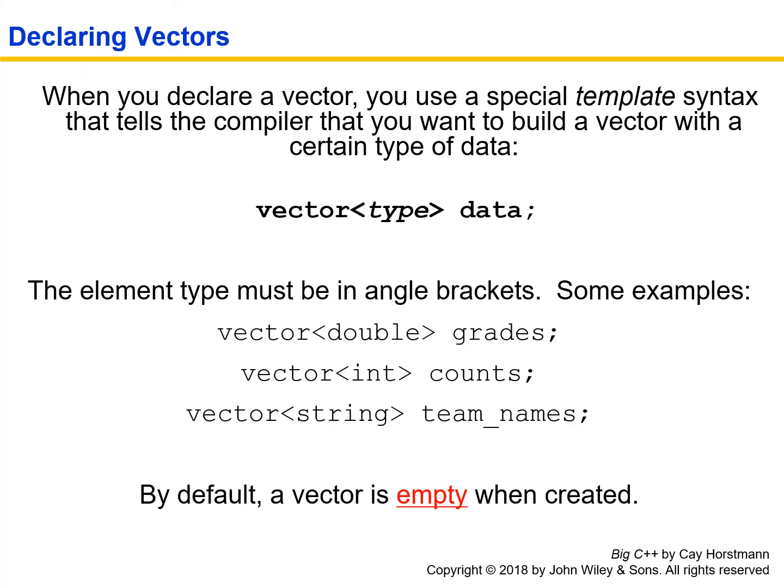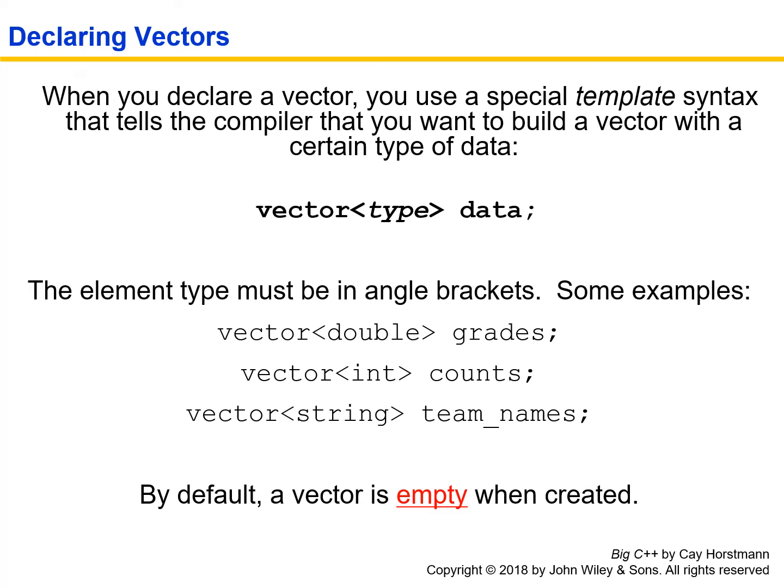Because it's an object, we declare it differently. There's not a special syntax like there is for an array where you just define the type and then the name and then you put brackets. Instead, we use what's called template syntax, which means the vector is actually a template for an object that can hold any type of data.